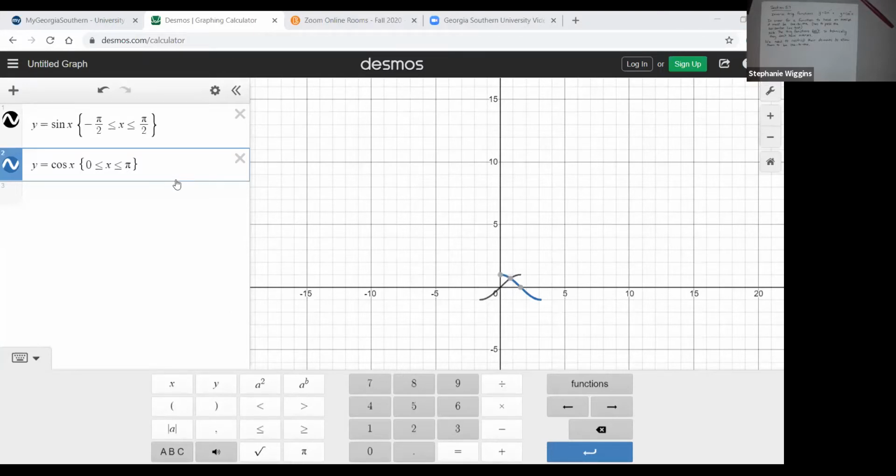So let me see what Desmos shows me. I've never actually used Desmos to graph sine inverse, so it'll be kind of interesting for me to see that. Okay. Let's see. There we go.